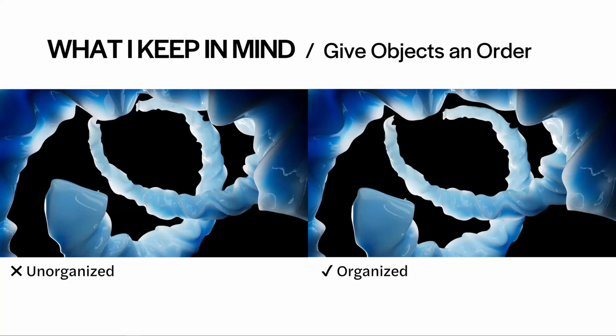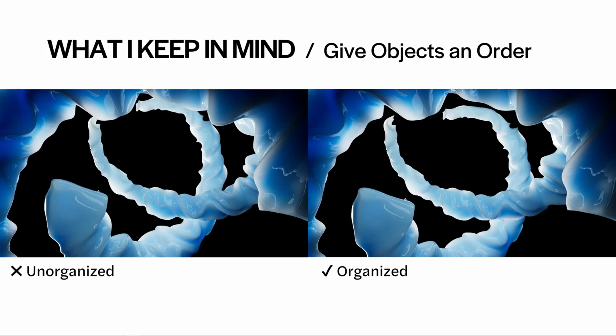So the first thing I always keep in mind is I want to give objects an order. I want to organize the objects in a way that they don't overlap. I want to organize them like on the right. And then, of course, on the left, it's more dynamic.